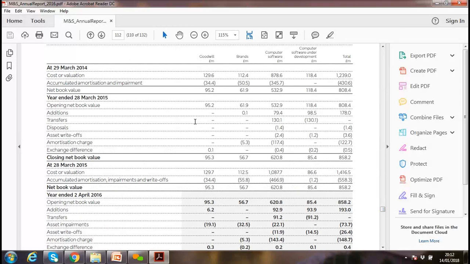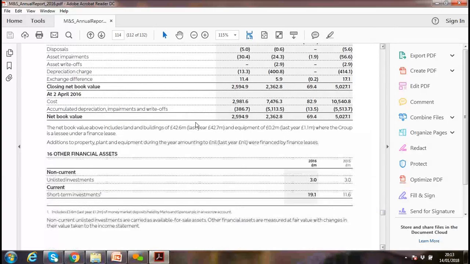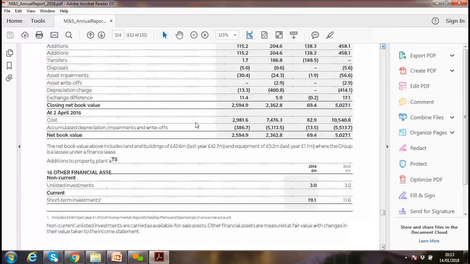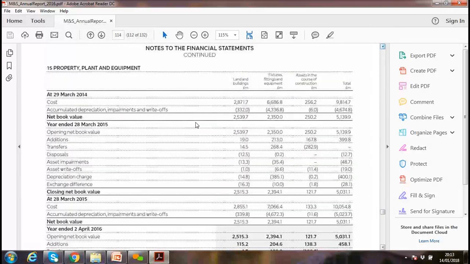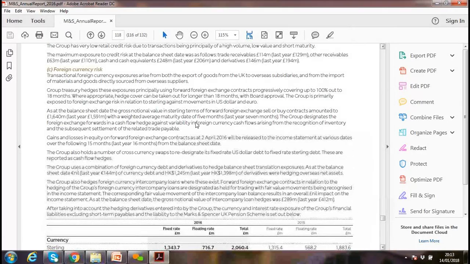So how much is the value? We have goodwill, and the last 3-4 years are given there. Please just go through it a bit, as it gives you a lot of information about the financial statements. These are the statements we prepare, with all the cash flow within a report.